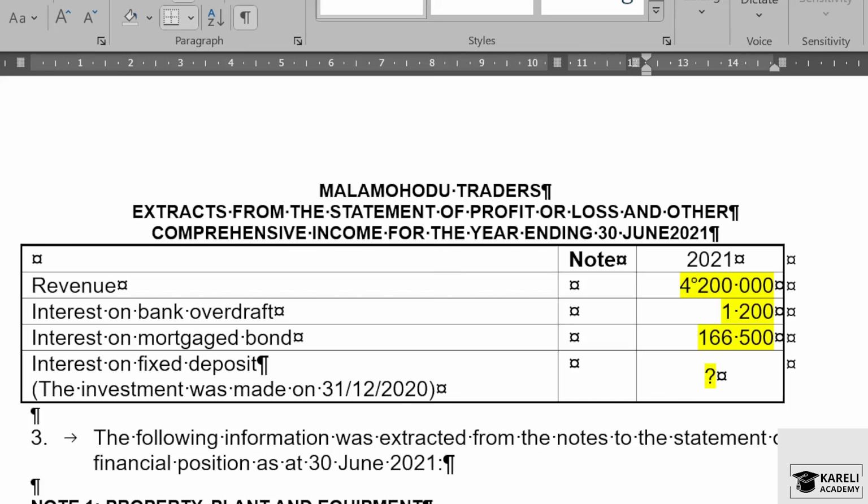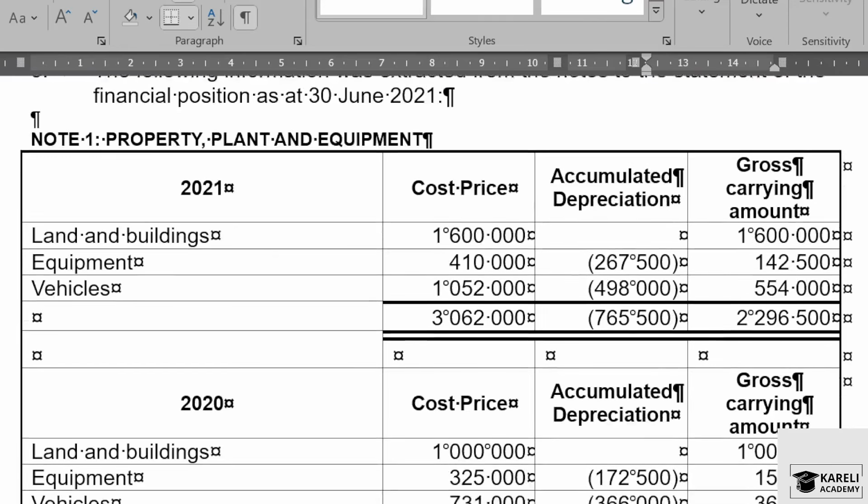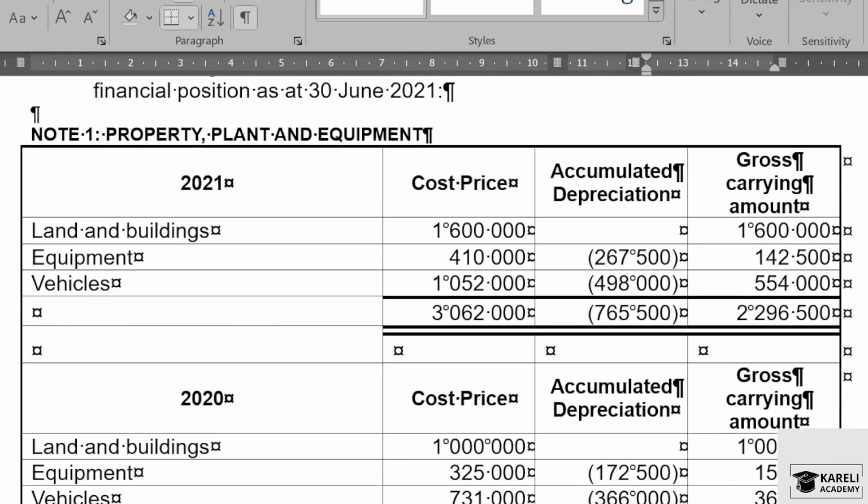Now, how do we do that? Remember the depreciation is for the year, meaning the amount for accumulated depreciation for the last year minus the one for the current year will give us the depreciation for that year. Let me repeat.